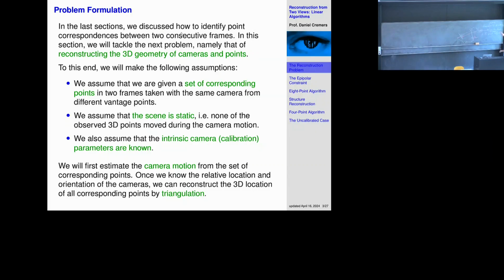Whereas structure from motion often means you are given a collection of images that are unordered, that can be taken from any vantage point. There is not necessarily a temporal consistency in the video, like in SLAM.